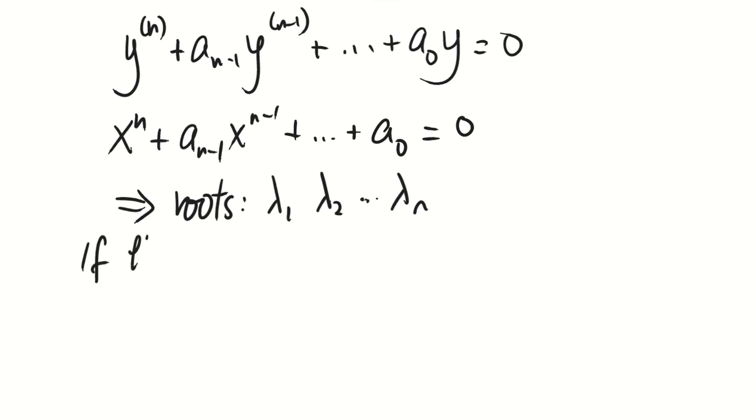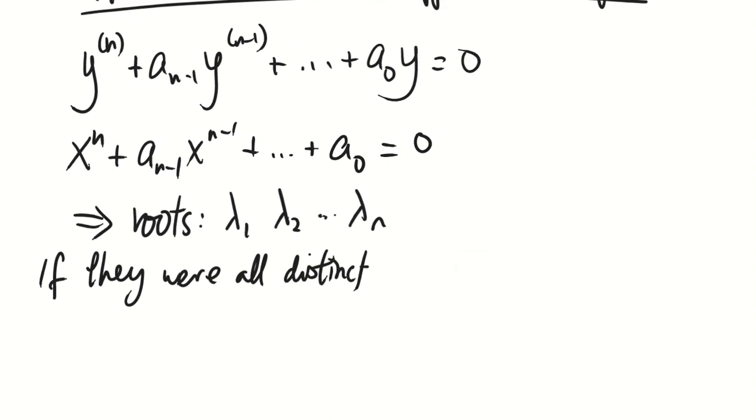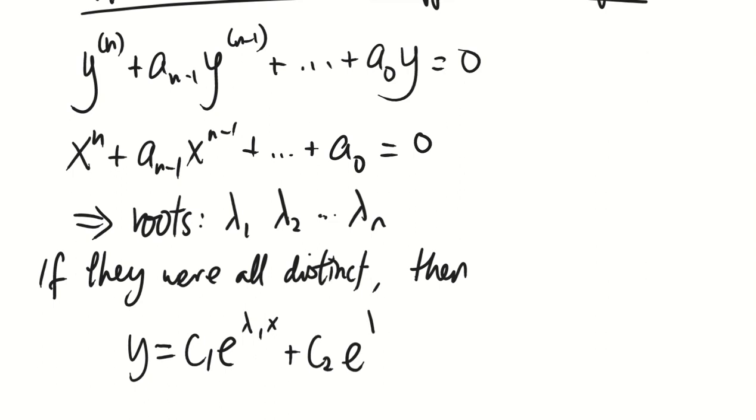If they were all distinct, and that's most of the cases, then y would be just a linear combination of c1 e to the lambda 1 x plus c2 e to the lambda 2 x plus dot dot dot plus cn e to the lambda n x.